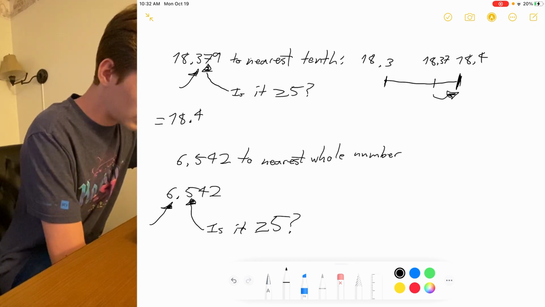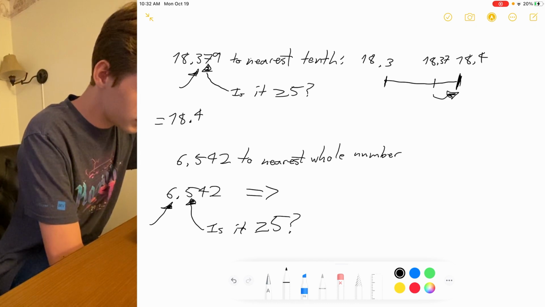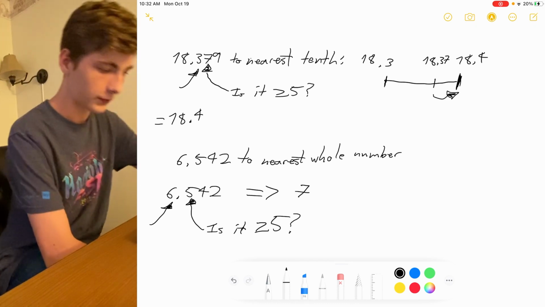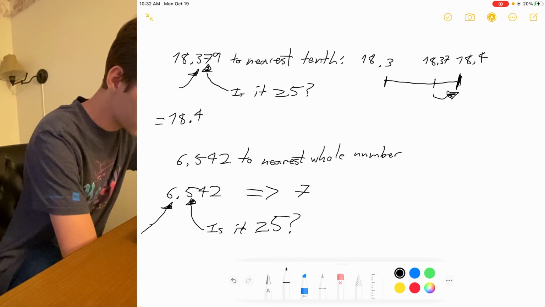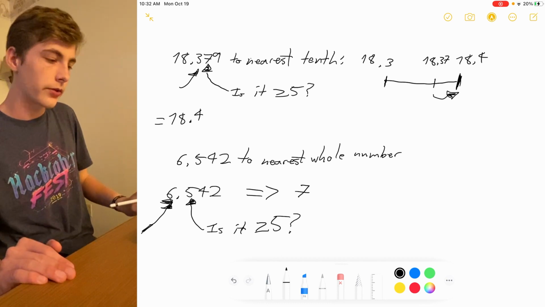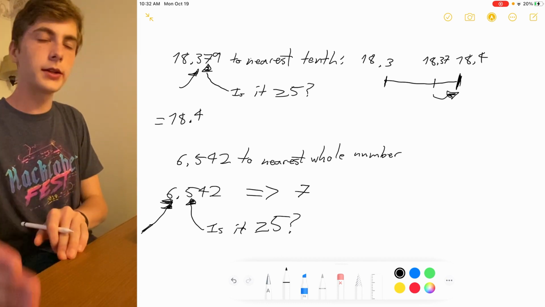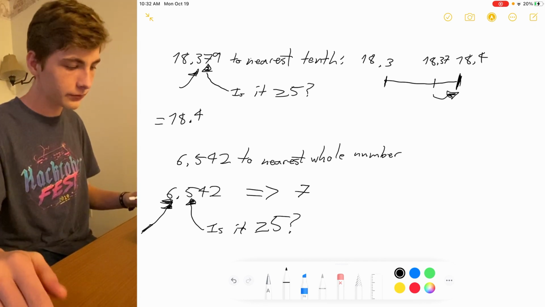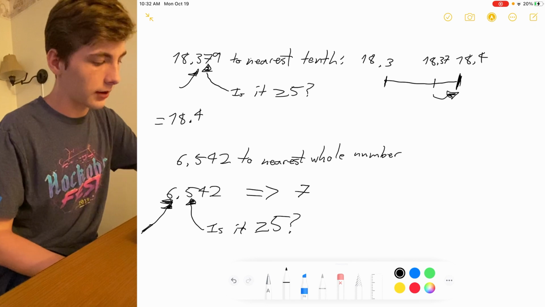So we're going to round that to 7, right? Because for this whole number that we're rounding to, this 6, the number after it was greater than or equal to 5. So it means it's closer to being 7 than it is to being 6. And so we're going to round up to being 7 here.